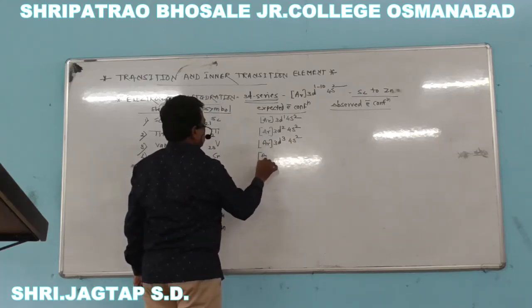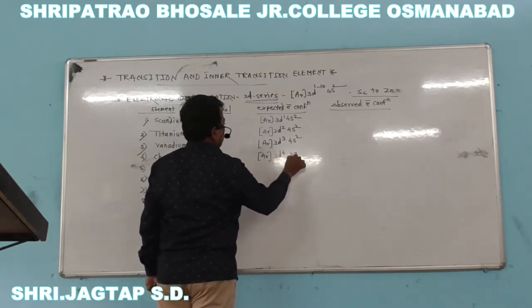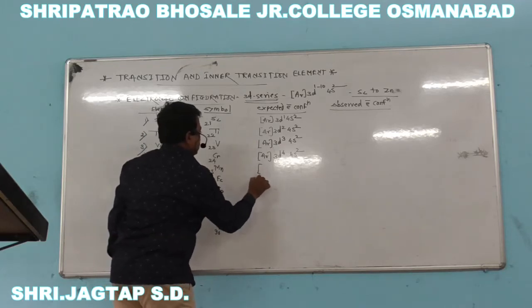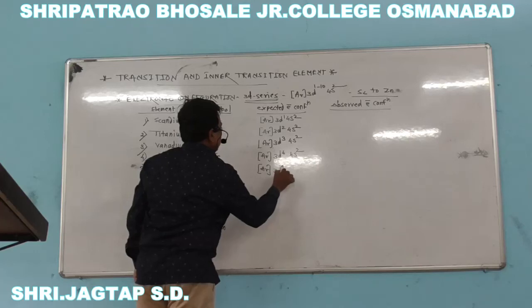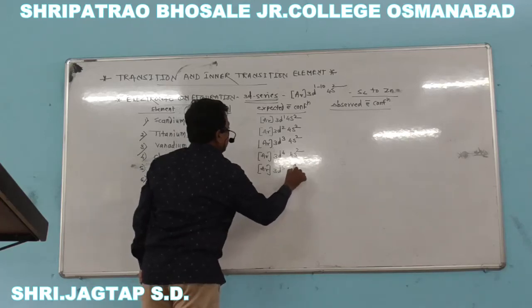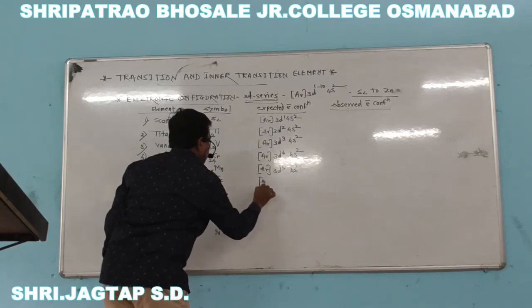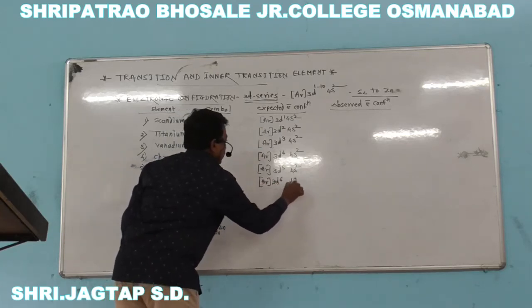Chromium 3d4 4s2. Then manganese 3d5 4s2. Then iron 3d6 4s2.